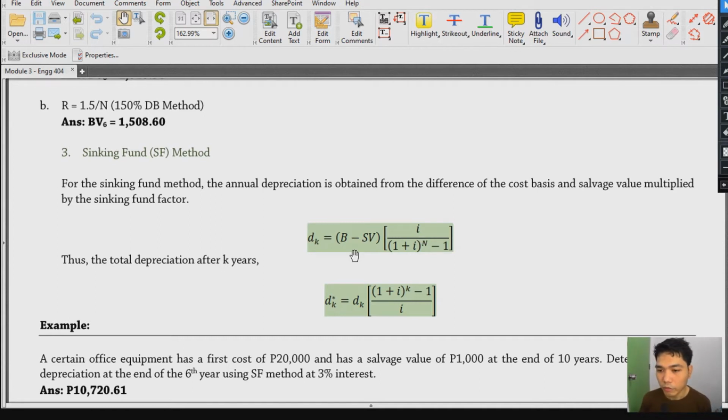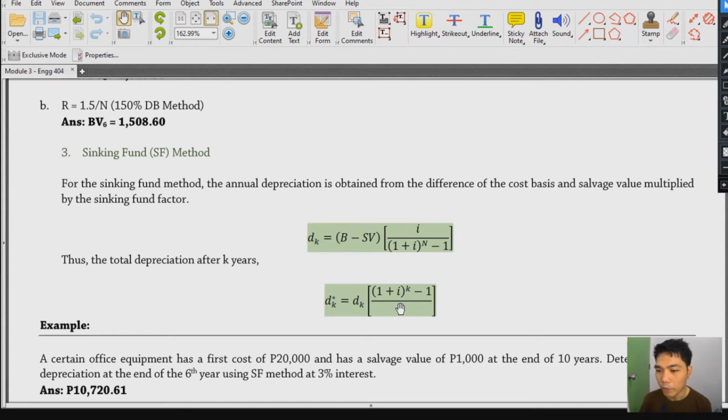As you can see from the formula, you are given the annual depreciation as well as the total or cumulative depreciation for K years. If you just want to determine the annual depreciation for the Nth year, this is your formula. But if you want to determine the cumulative depreciation, you multiply each annual depreciation by the uniform series factor, so that you can determine the total depreciation after K years.